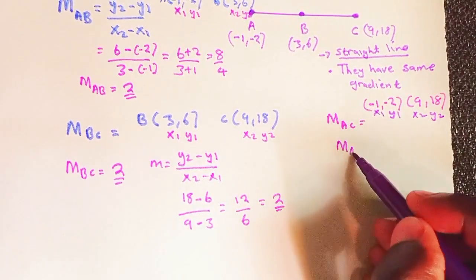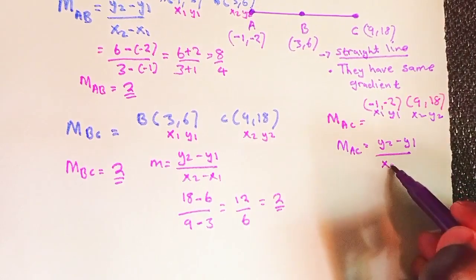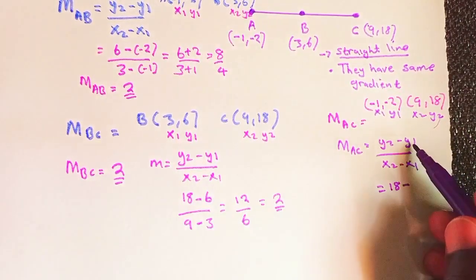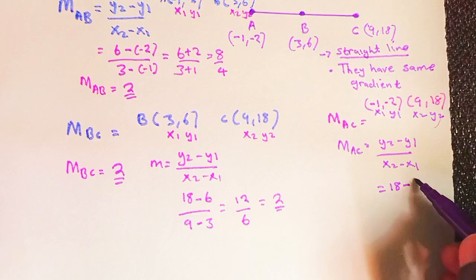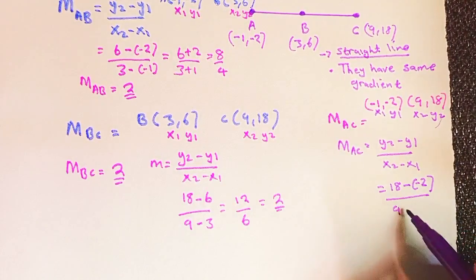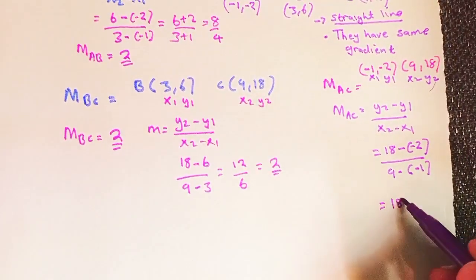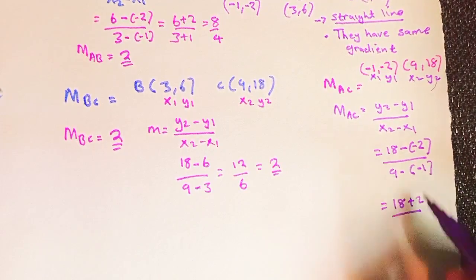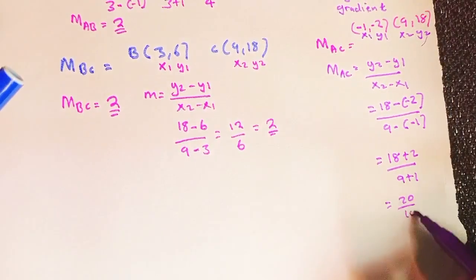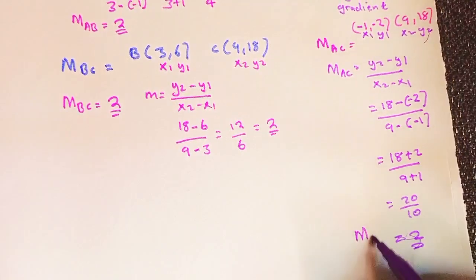So gradient for AC will be equal to y2 minus y1 over x2 minus x1, and so you have 18 minus -2 over 9 minus -1. Quickly, 18 plus 2 over 9 plus 1, what do we get here? 20 over 10, and of course this will give us 2. So gradient for AC is 2.